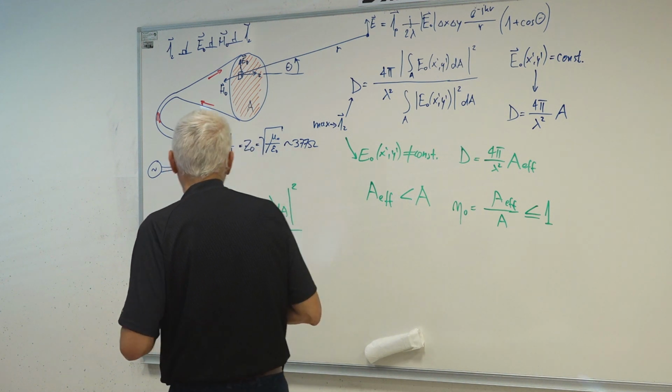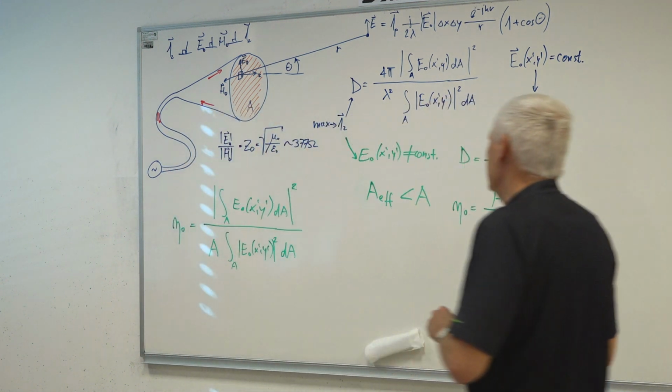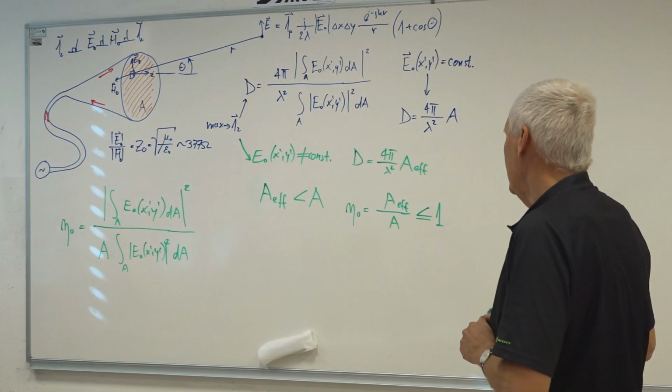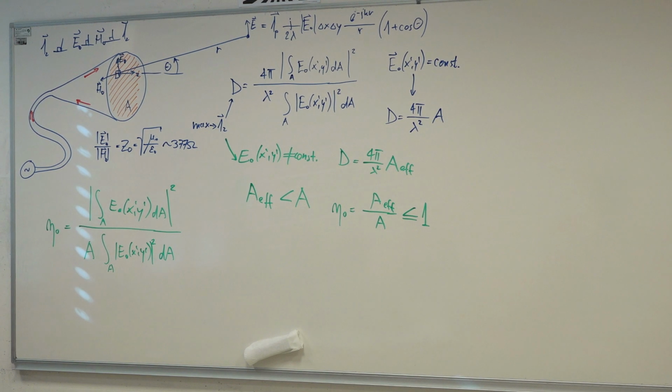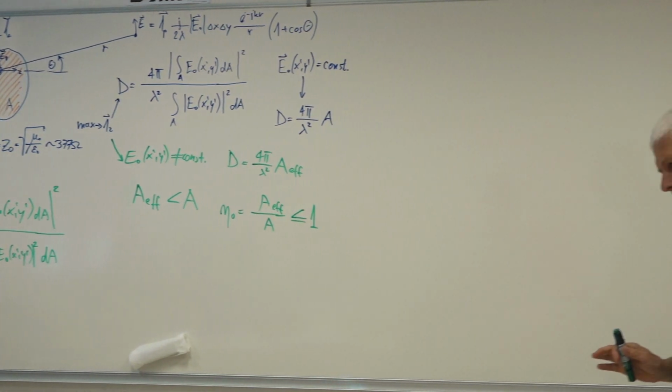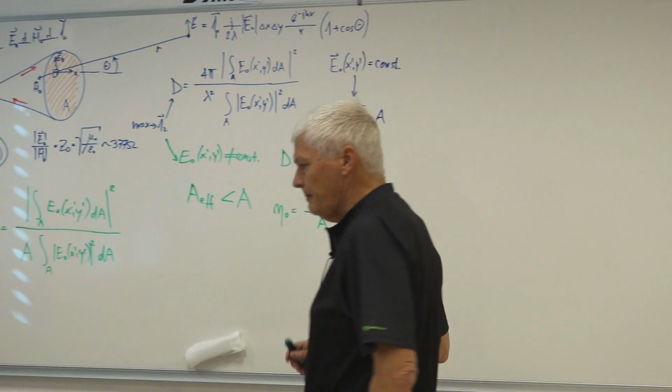Here the square is on the outside. So we can calculate the illumination efficiency this way. This was theory from last time, just repeating things I told already.